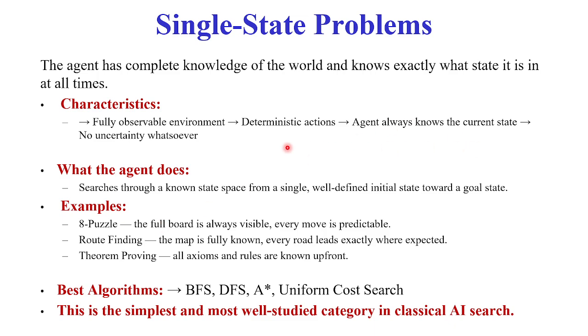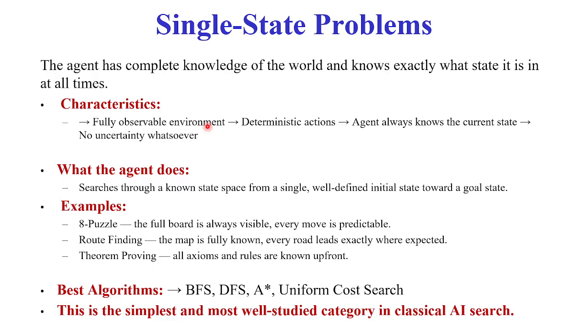Secondly, when you talk about the four key characteristics, the first one is that the environment is fully observable. This means that the agent can see everything it needs to see.